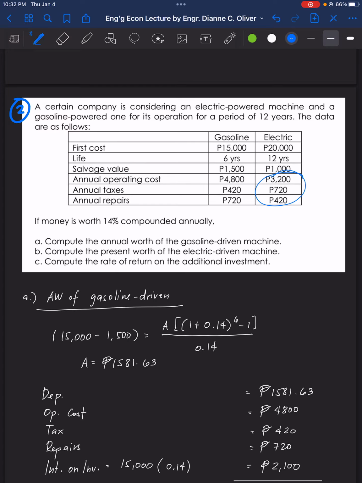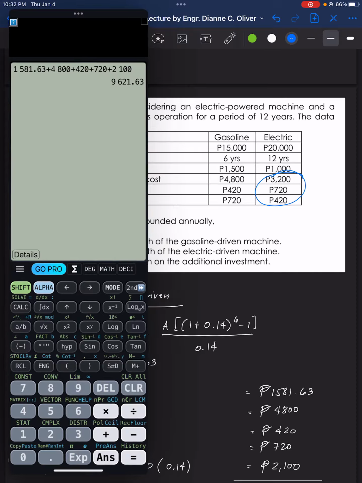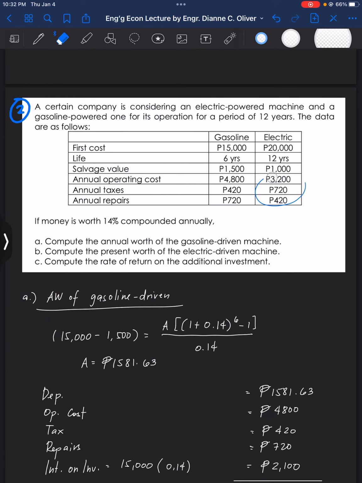That's equal to 3,200 plus 720 plus 420. So that is 4,340 pesos.